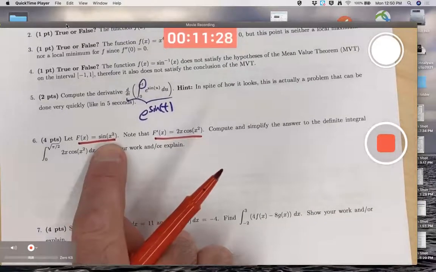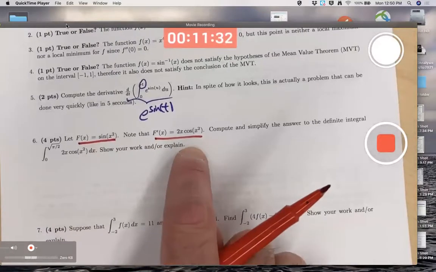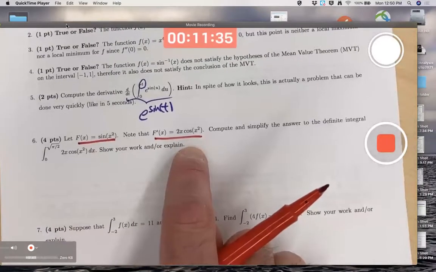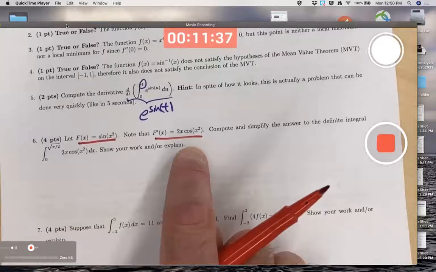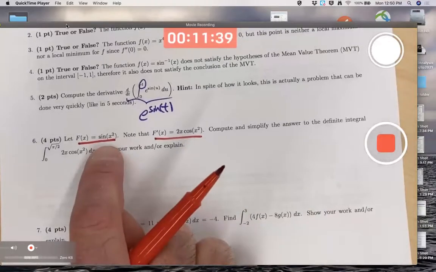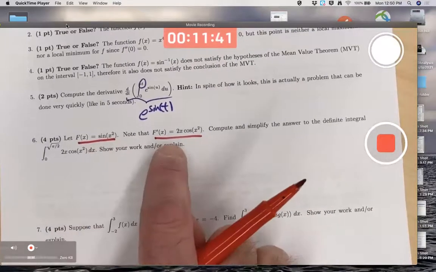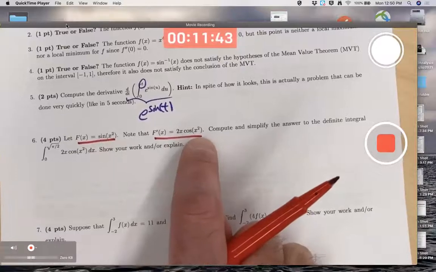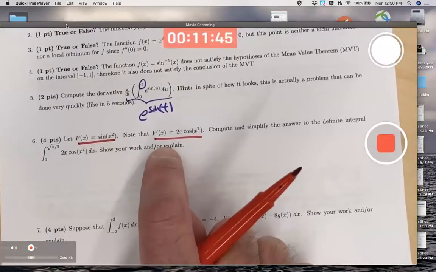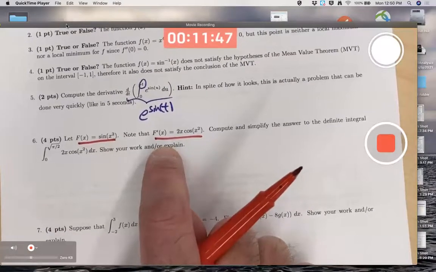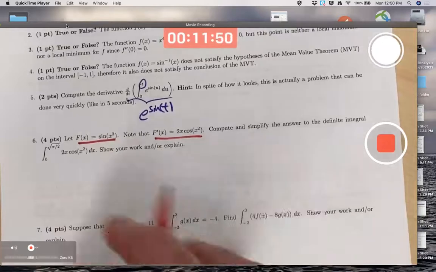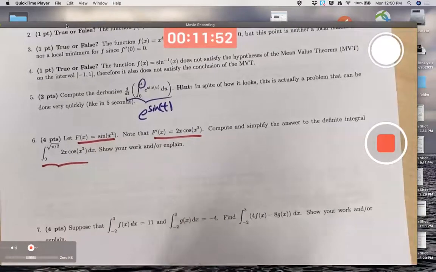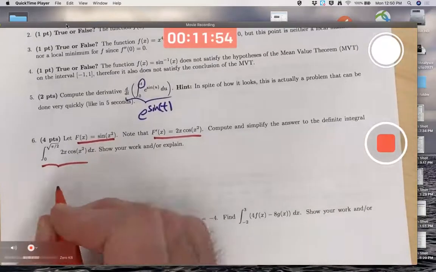That's sine of x squared, that's a composition. If I told the people on this old exam what the derivative was, but you should be able to find that if I asked you. It's the chain rule, take the derivative of the outside function, the sine function, to get cosine, plug in the inside function x squared, then multiply times the derivative of x squared, which is 2x. But because of that, this integral, even though it looks difficult, is actually easy to do.